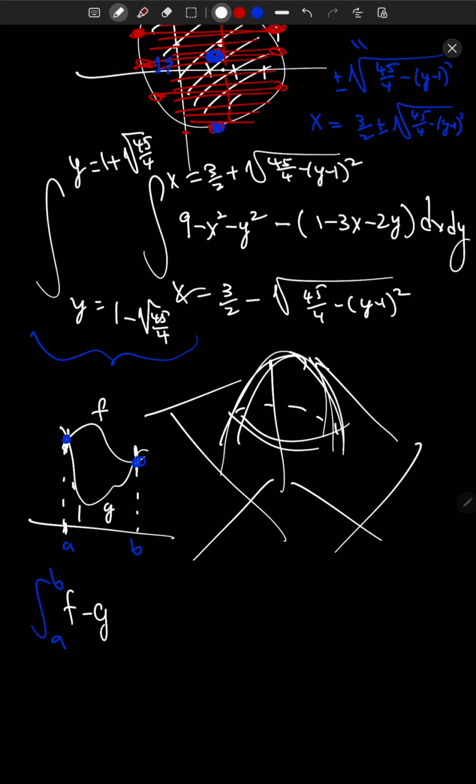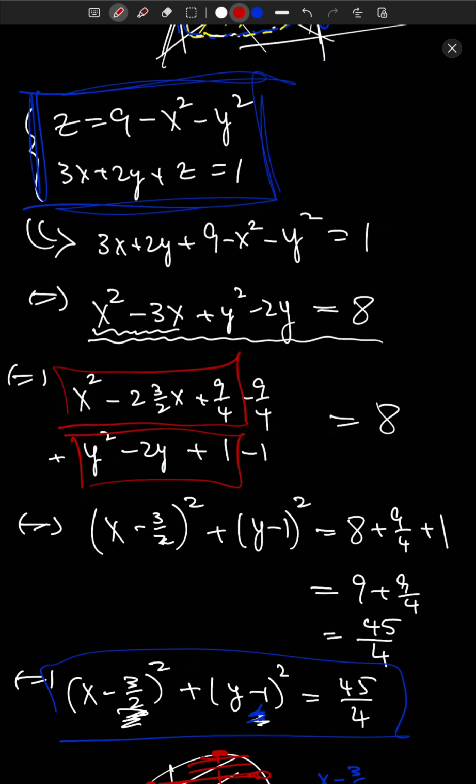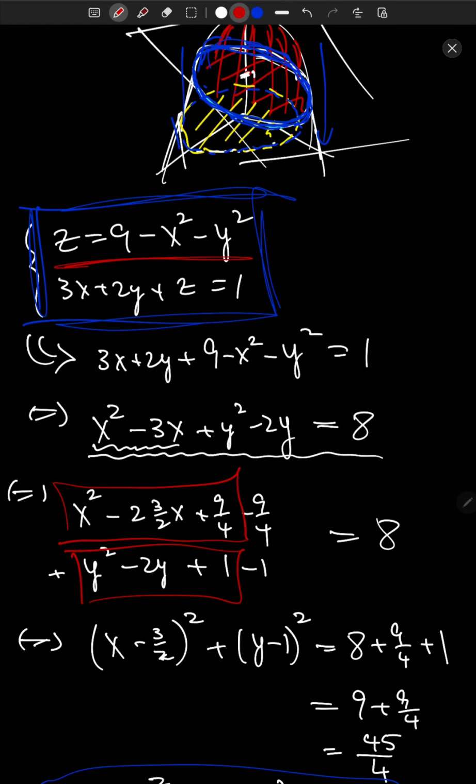So this guy here plays the role of my f from my one variable calculus picture, and this guy plays the role of my g. Those equations come from z equals this, z equals, throwing everything to the other side, 1 minus 3x minus 2y.